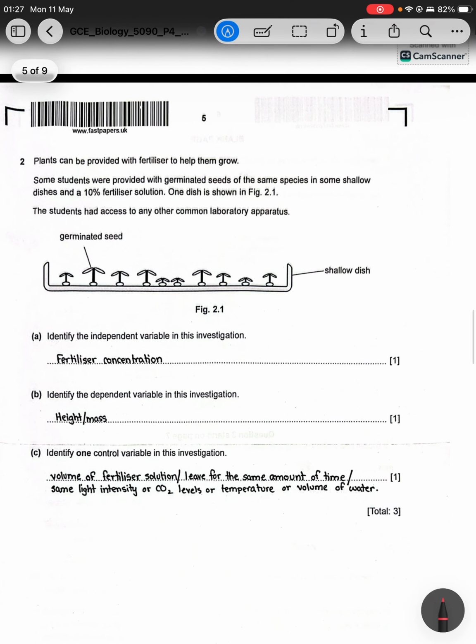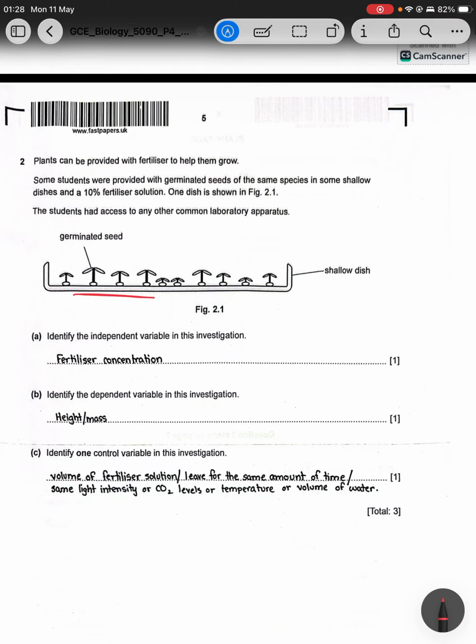Okay, so in question number 2, plants can be provided with fertilizer to help them grow. Some students were provided with germinated seeds of the same species in some shallow dishes and a 10% fertilizer solution. One dish is shown in figure 2.1.